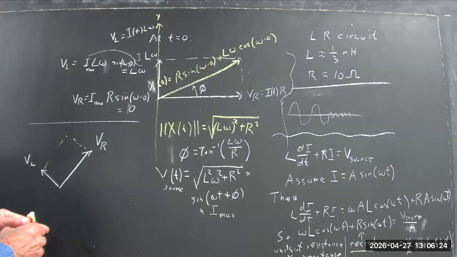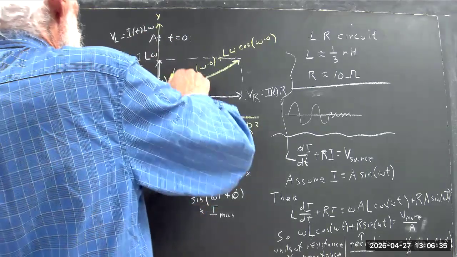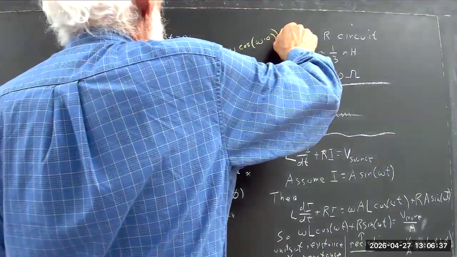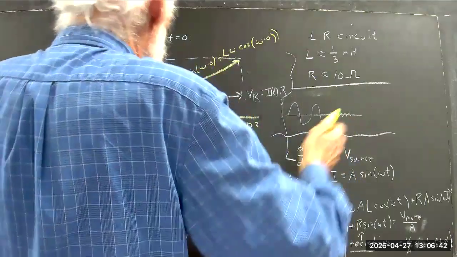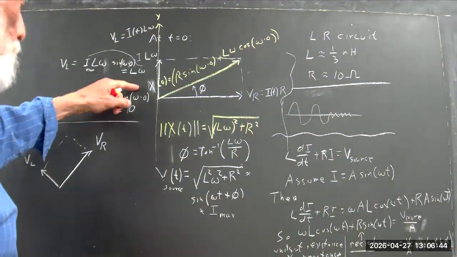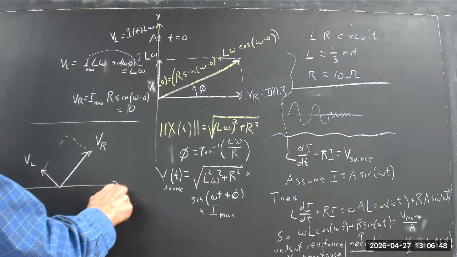And I guess to be consistent, I'd multiply all this by the current. I'm going to leave it the way it is.